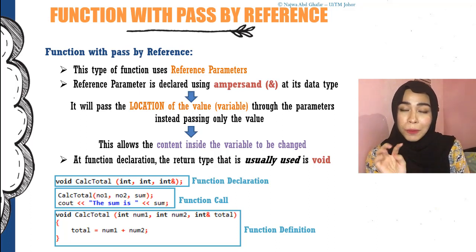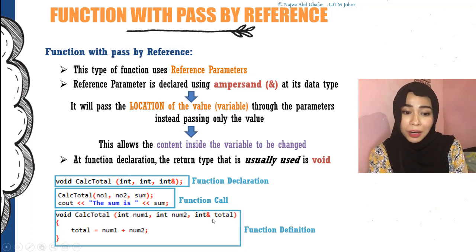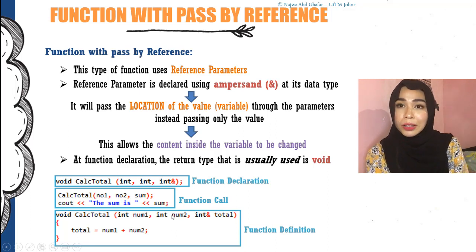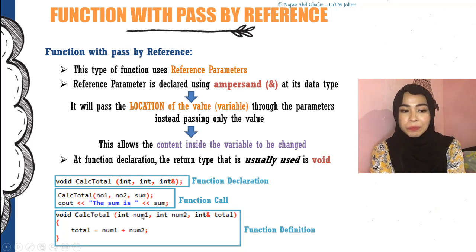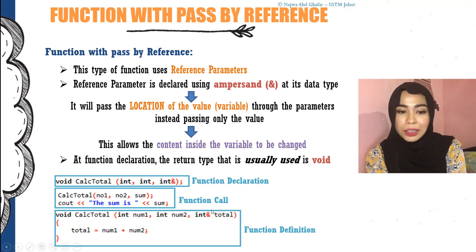Whereas if you see a parameter that has an ampersand, for example this total right here, this is known as pass by reference. This is a reference parameter. So total is a reference parameter, num1 and num2 are parameters by value. What's the difference between the two? num1 and num2 can only receive values, whereas the total here can actually update the parameter.